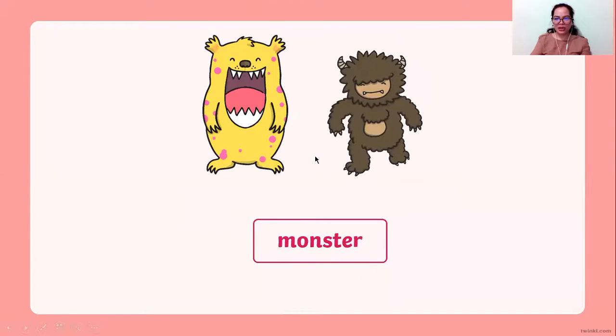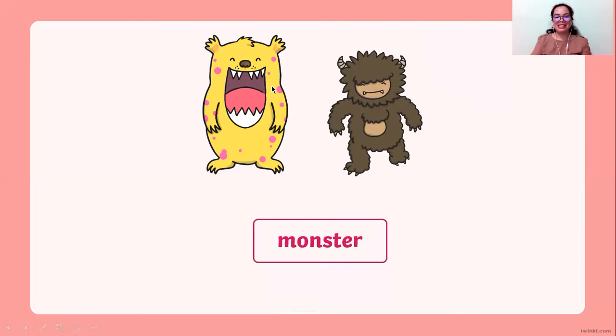Monster. How can you describe a monster? So do you know what is a monster? Okay, so for me, I'm going to give you an example. For me, the monster is so scary, or a scary monster. Now look at the monster. The monsters, they have sharp teeth.